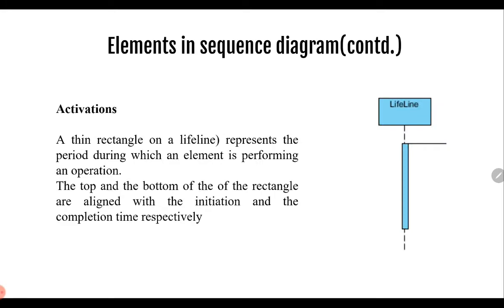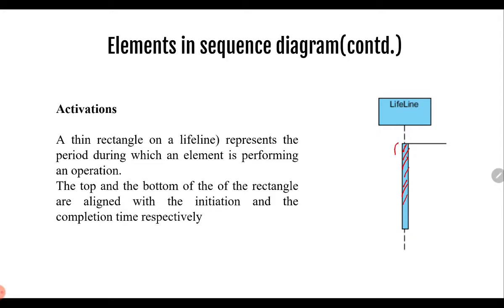Now we will talk about the activations. We have already talked about objects and their lifelines. Whenever we represent a thin solid rectangle, it represents the period during which the element is performing an operation.